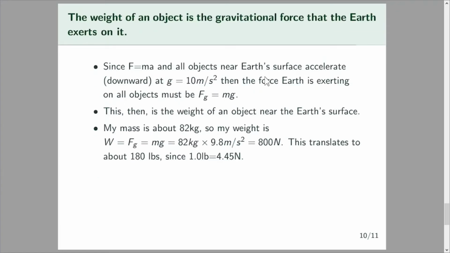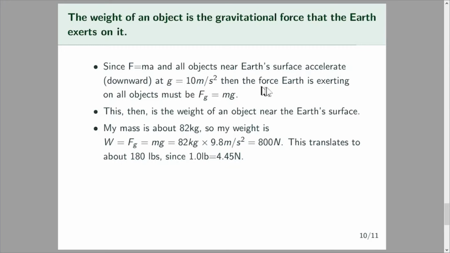So now let's talk about what we mean by weight. I've just been talking about it like we know what it is. Newton's second law says F equals ma, where F is the external force, and all objects near the Earth's surface accelerate downward when released in air at g equals 10 meters per second squared. We already had this discussion in kinematics.